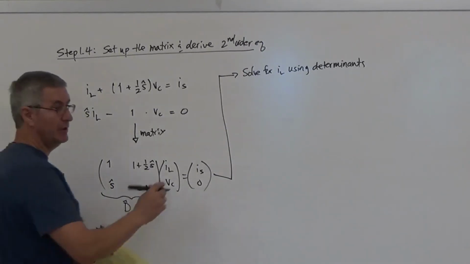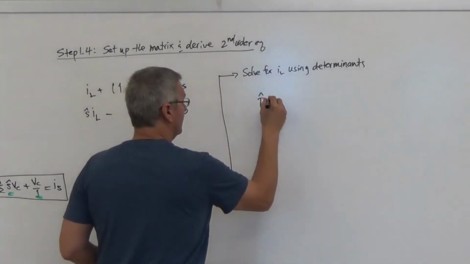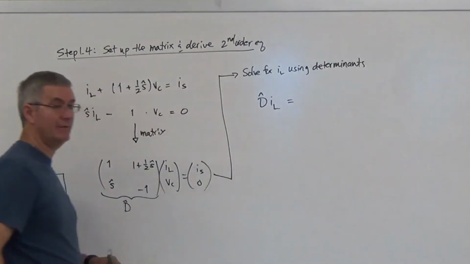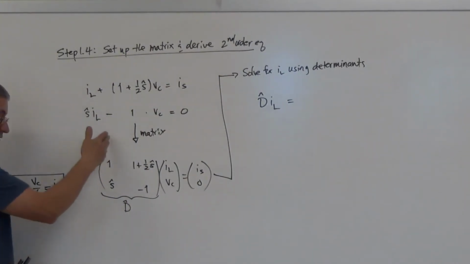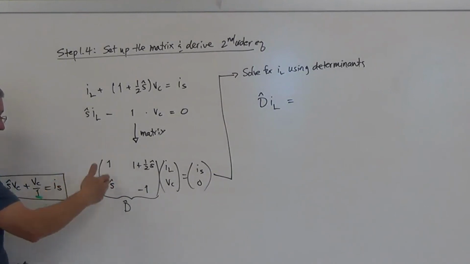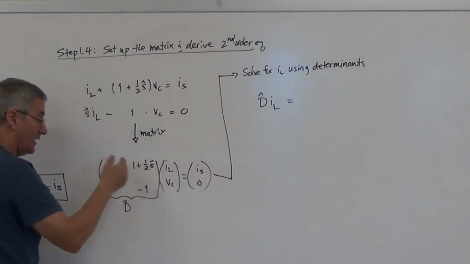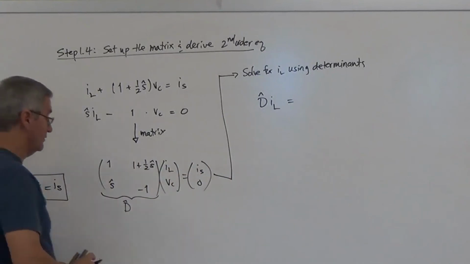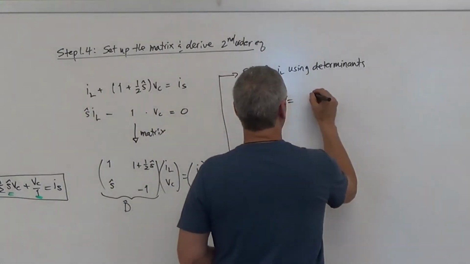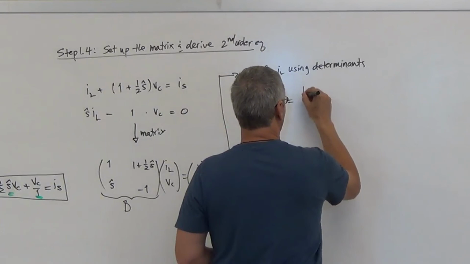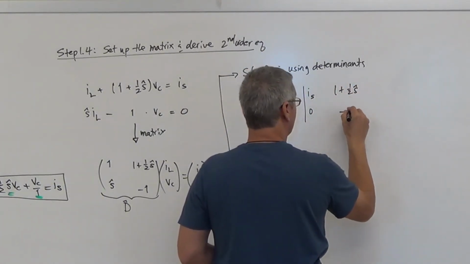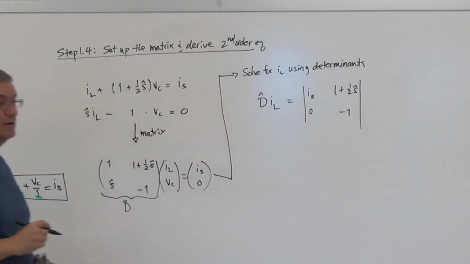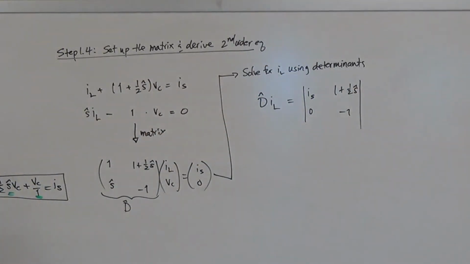So I'm going to go D hat IL. Now, here's where people screw up. Look at my IL terms. They're this column right here. So I take this column and replace it with this column right here. Then on this other side, I'm going to write IS, 0, and then I have the rest of my terms right here. So look how I created that right side.